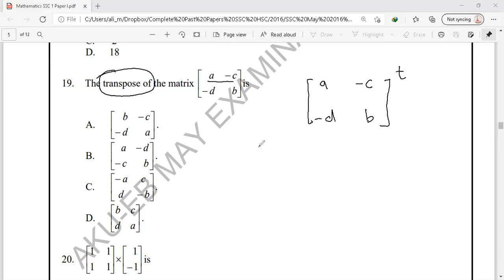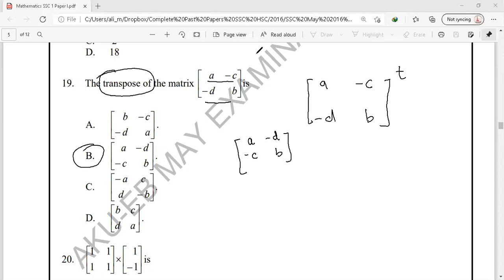Here we have the first row, so let's make this first row the first column, and the second row becomes the second column. So this is our transpose for the given matrix: A, minus D, minus C and B. That is the correct option, and the correct answer is option B.